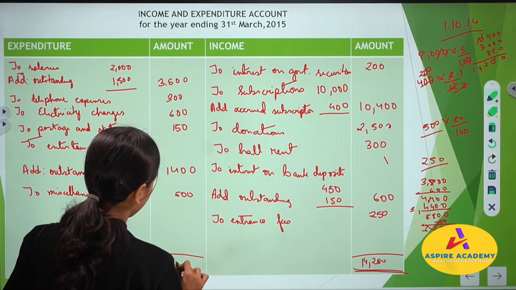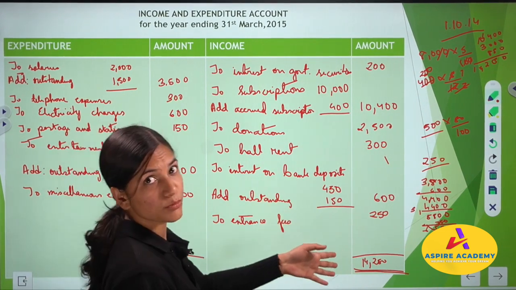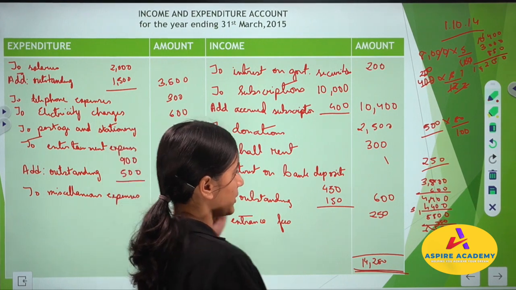Now since the income side is more, we will have a surplus amount.